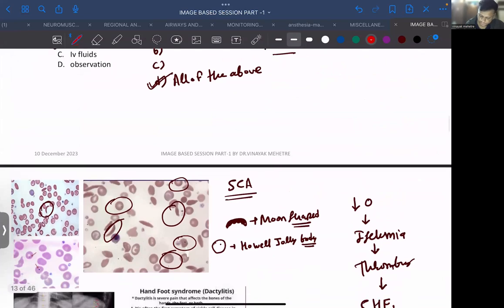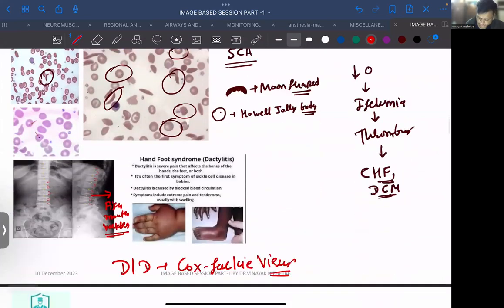Now tell me, how many letters are there in sickle? That is 6, right? 1, 2, 3, 4, 5, 6. At position 6, glutamate gone.